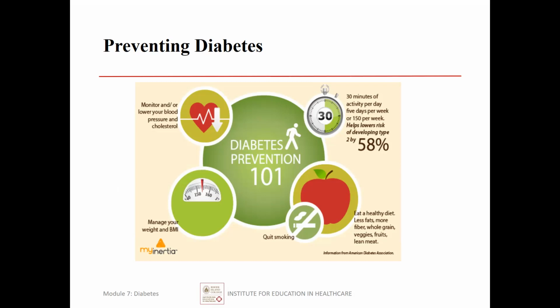You want to really have them reduce those because the body takes those simple carbohydrates and converts them immediately to glucose. Whereas the whole grain carbohydrates get converted much more slowly and can help to maintain a more steady blood sugar. You also want to talk to people about watching what they drink.